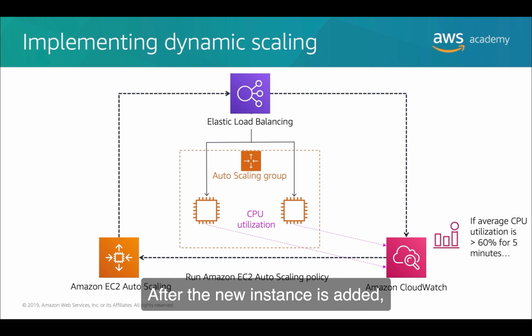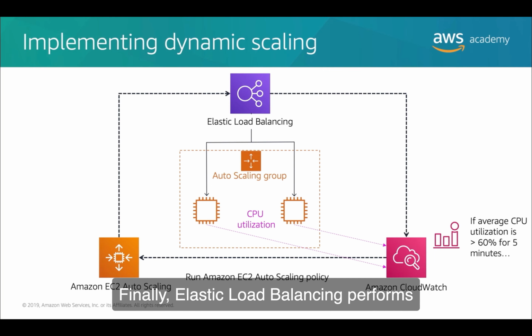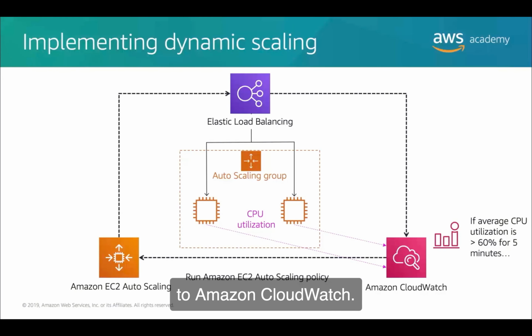After the new instance is added, Amazon EC2 Auto Scaling makes a call to Elastic Load Balancing to register the new EC2 instance in that Auto Scaling group. Finally, Elastic Load Balancing performs the required health checks and starts distributing traffic to that instance. Elastic Load Balancing then routes traffic between EC2 instances and feeds metrics to Amazon CloudWatch.